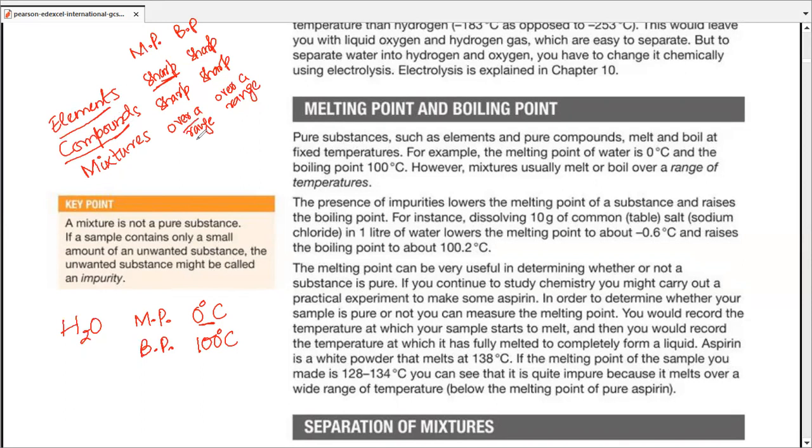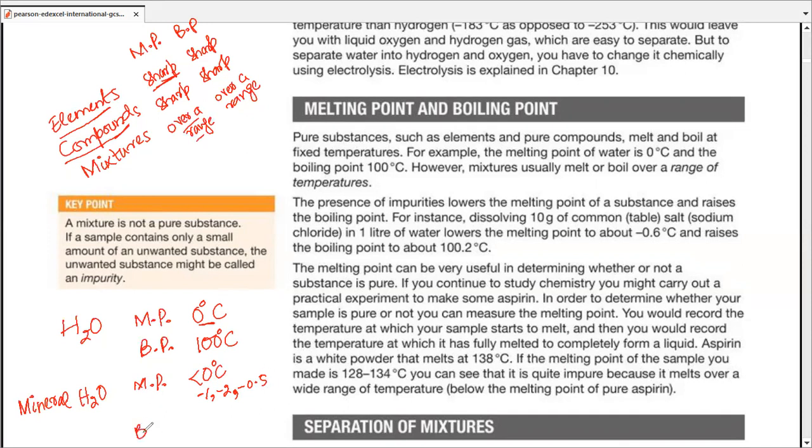When I use the phrase over a range, for example, I don't talk about water anymore. I talk about mineral water. In case of mineral water, the melting point is usually less than 0. It can be -1, it can be -2, it can be minus 0.5, it can be anything less than 0.